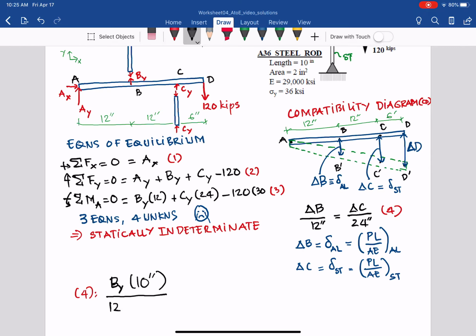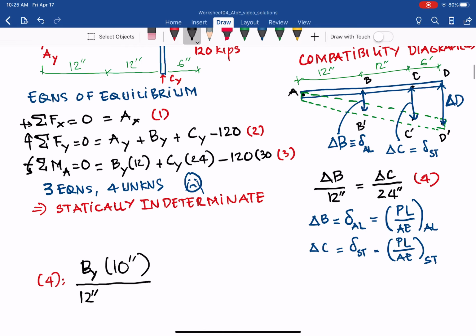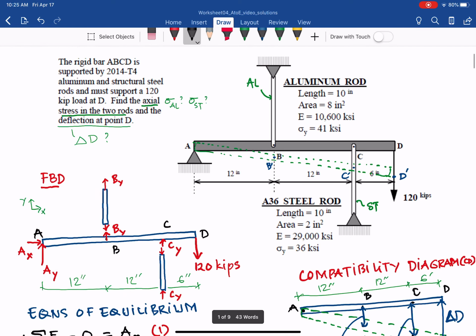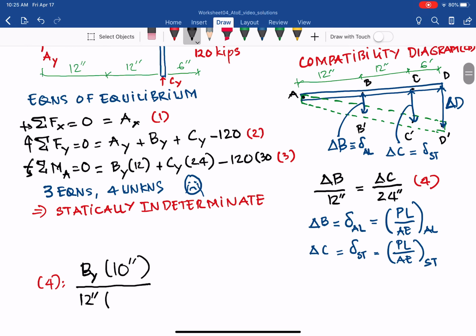And then we have AE as well. AE for aluminum. What is the area for the aluminum rod? 8 square inches. Area for steel, 2 square inches. So plug in for the aluminum, it will be 8 square inches.